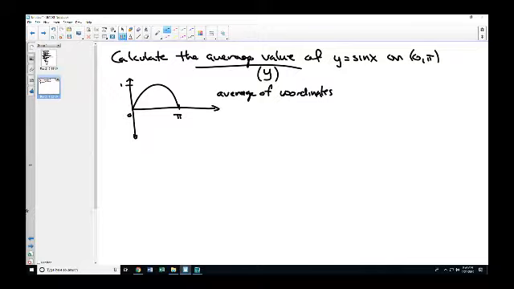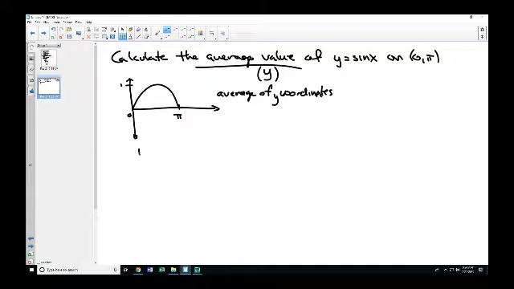But it's the same calculation as the one we just looked at. So if you see average value, this is one other way to interpret it, right? I should put y coordinates. Insert.